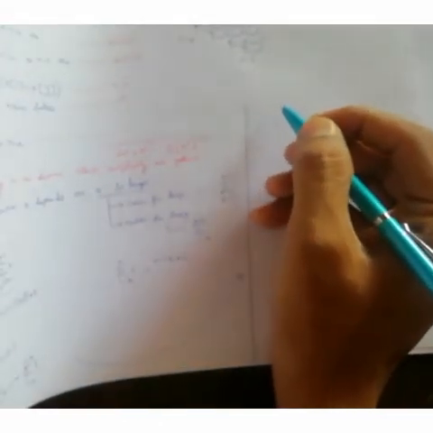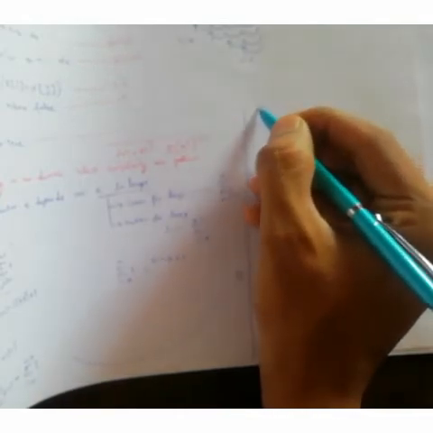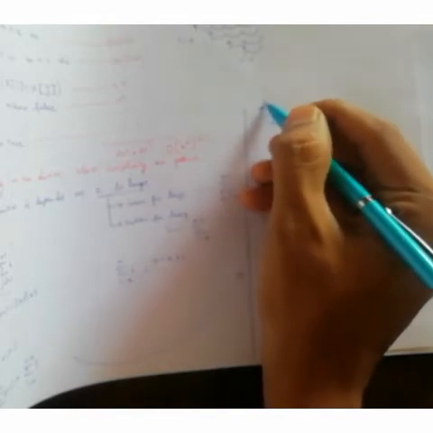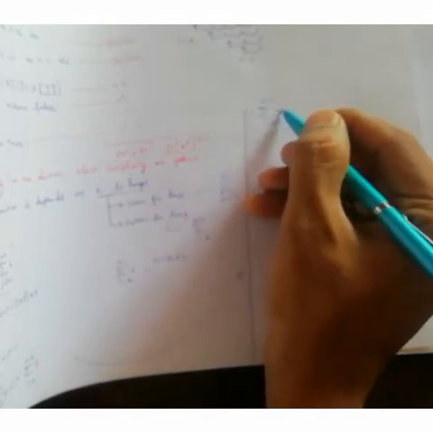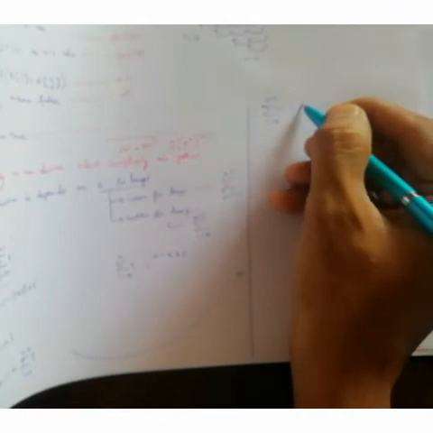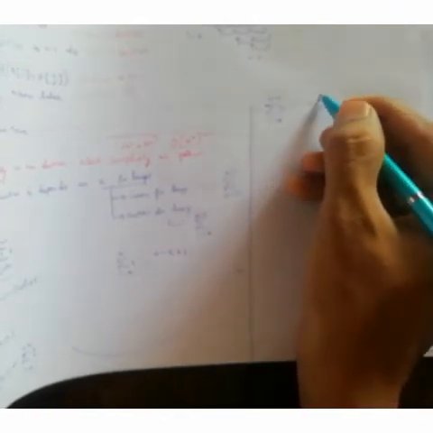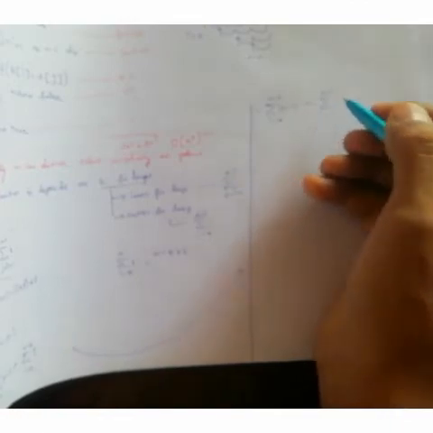What I got previously, summation I is equals to 0 to n minus 2, n minus 1 minus summation I is equals to 0 to n minus 2 of I.